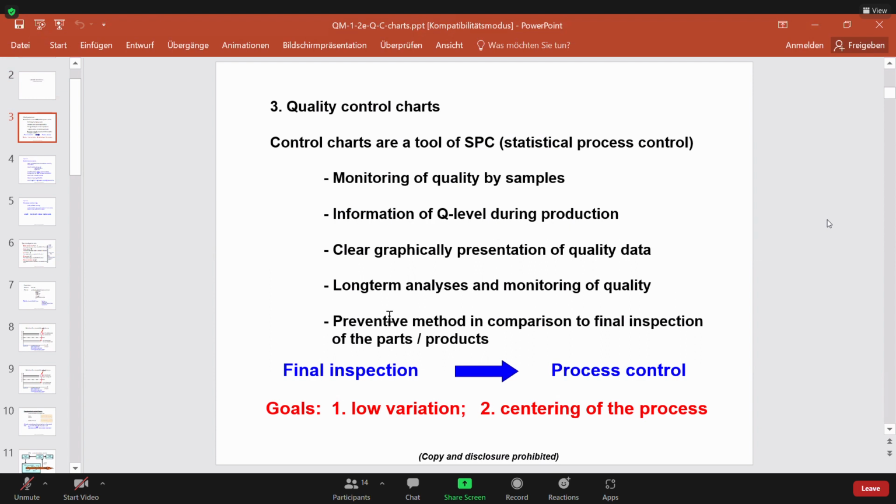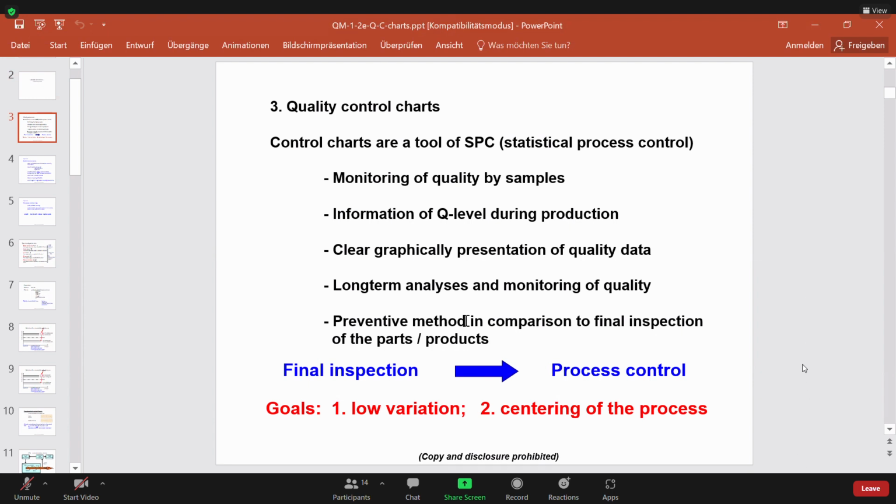So it is a preventive method to avoid many parts which are not meeting the requirements of the customer. So it's an early method of monitoring, controlling the production process.